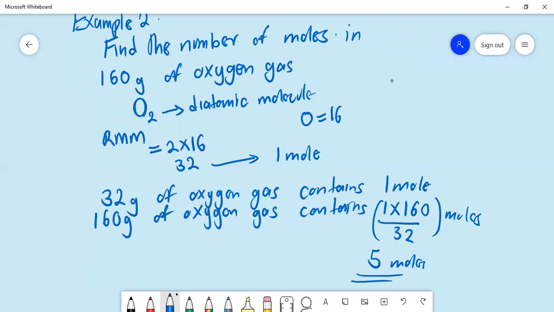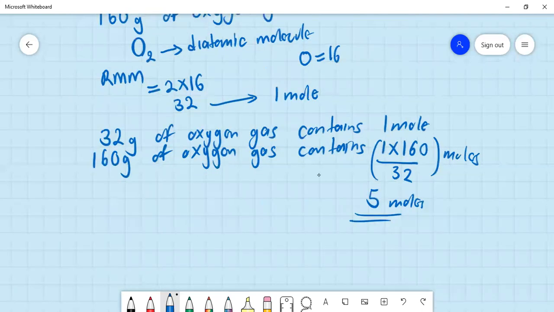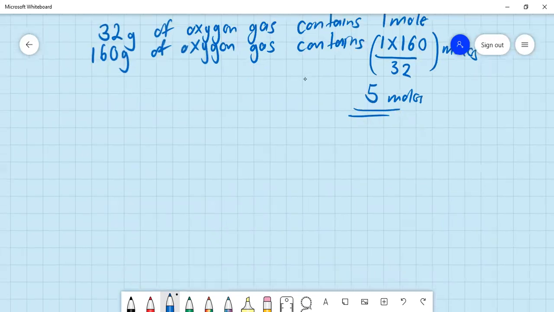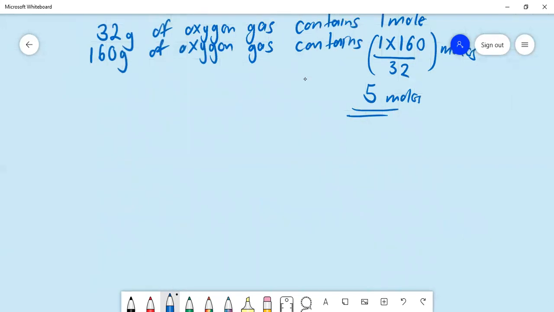Okay, let us look at this one now. What if they trick you like this? Then I tell you, find the mass. Example 3.